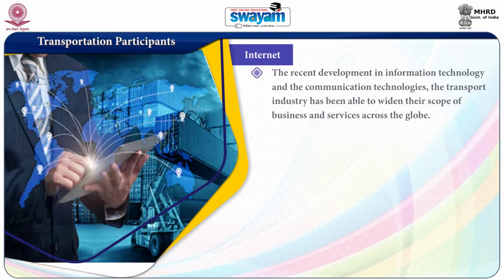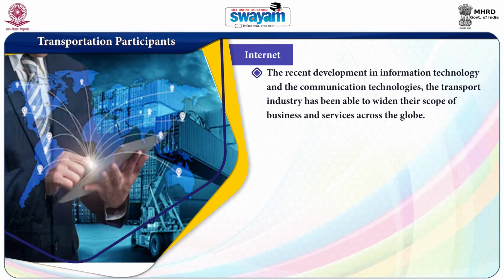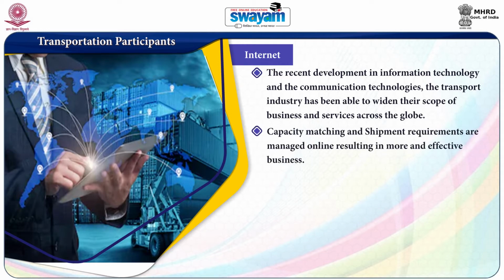Internet. With the recent development in information technology and communication technologies, the transport industry has been able to widen the scope of their business and services across the globe. Capacity matching and shipment requirements are managed online through the internet, resulting in more effective businesses.